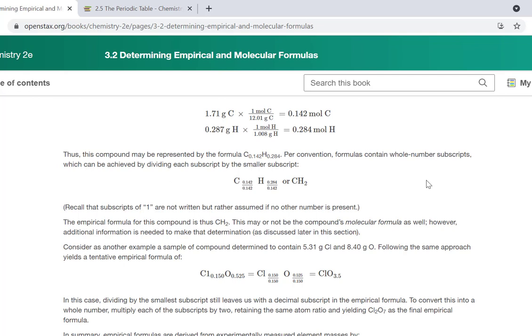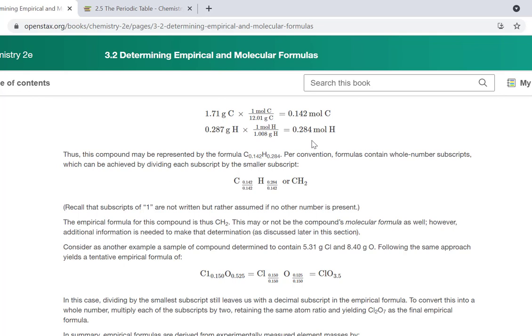One thing I want to mention before we go any farther is that when we do this for data in the lab, you will often have small experimental errors, nothing that you need to feel bad about. That happens to everybody. And you might end up with something that is not exactly a 2 here. So let's say you had, instead of a 0.284, a 0.283.